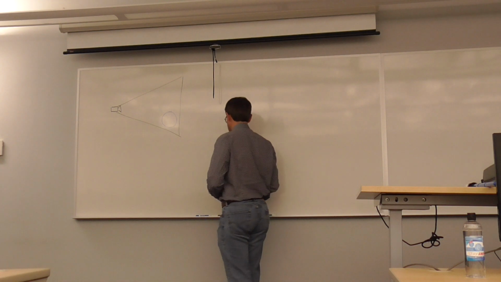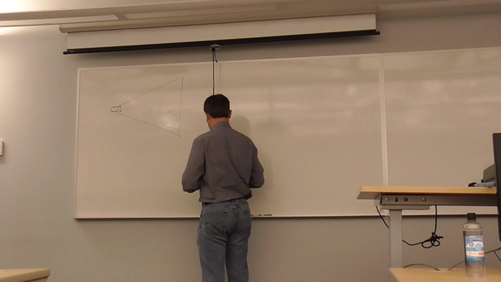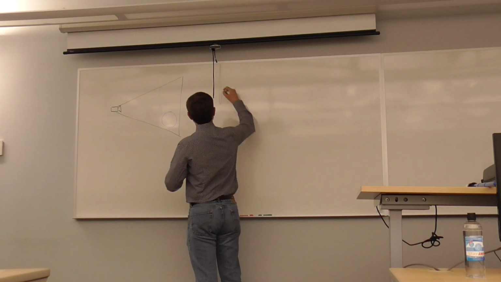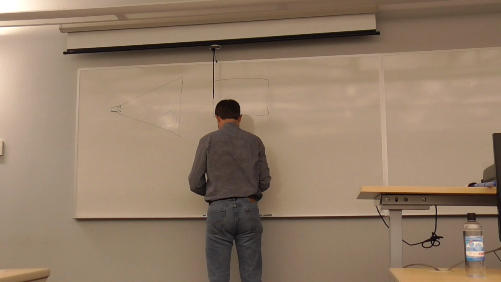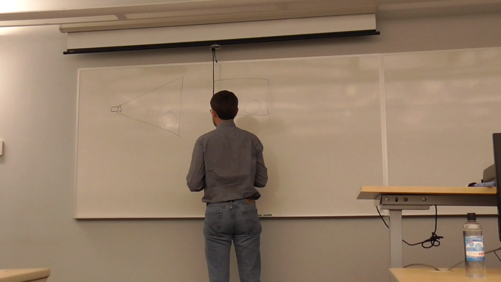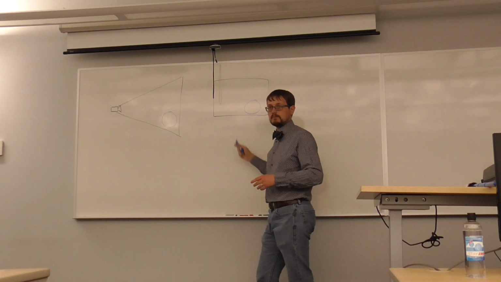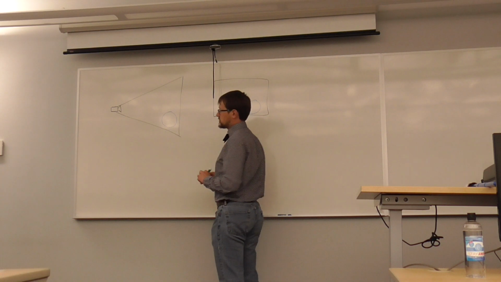So when we have the cursor, let's just do a view of this. There's our sphere. Cursor is in green.